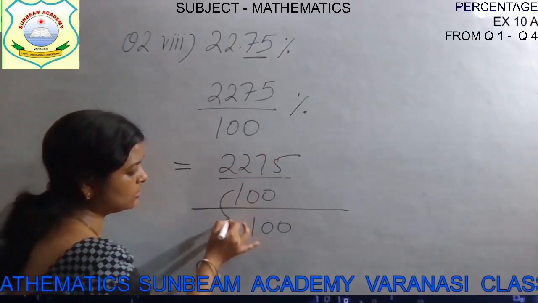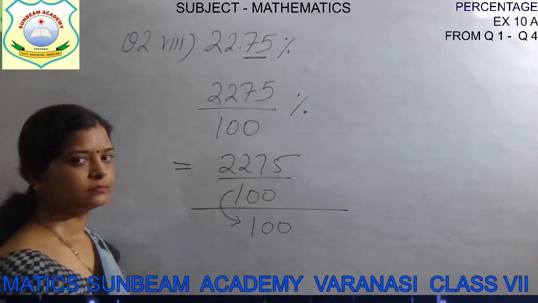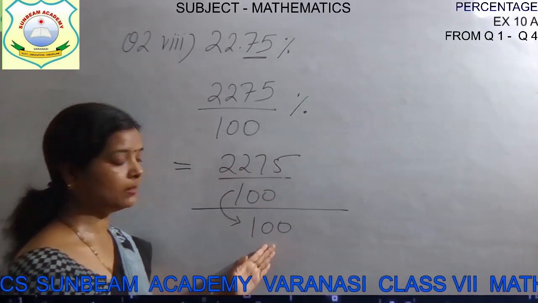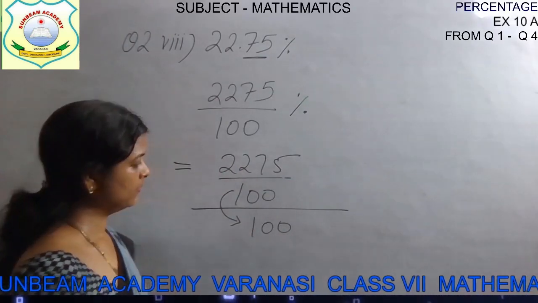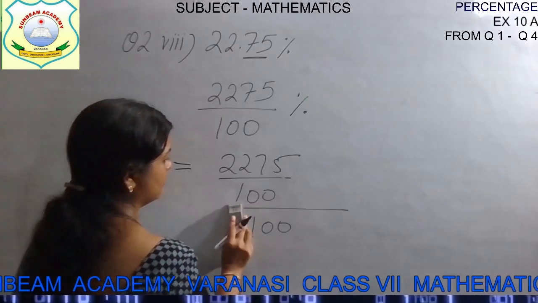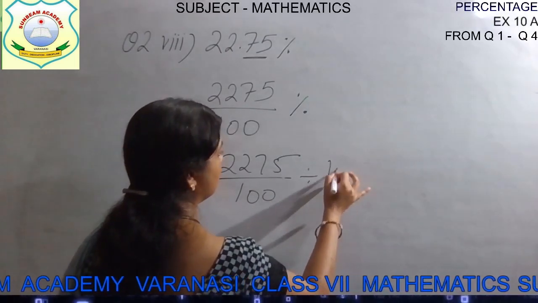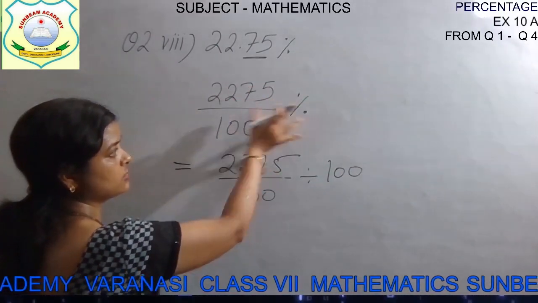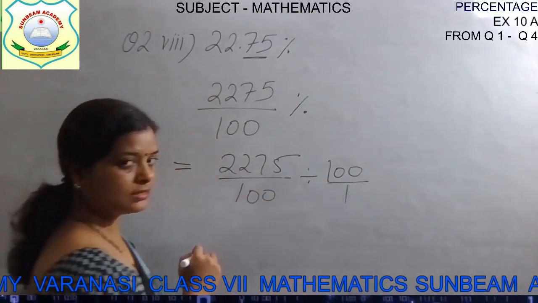In this case, this denominator will multiply with this, simply. So your next step will be 2275 divided by 100 into 100. But leave it, let's do it by this method. This much percentage means this is out of 100, and we can write this also.